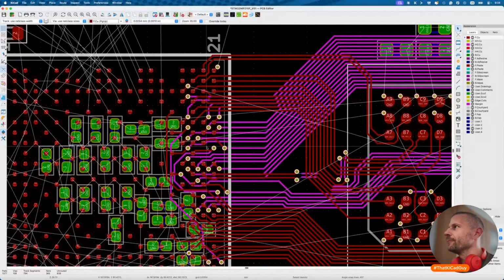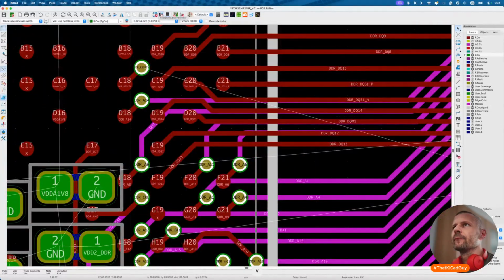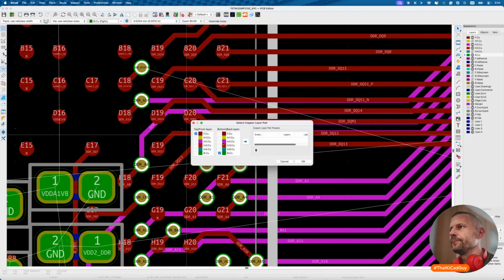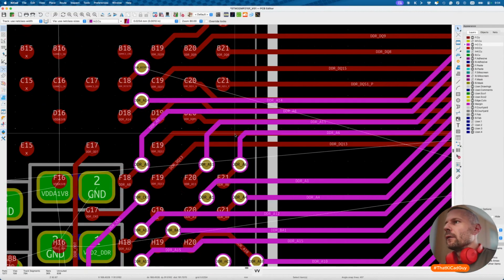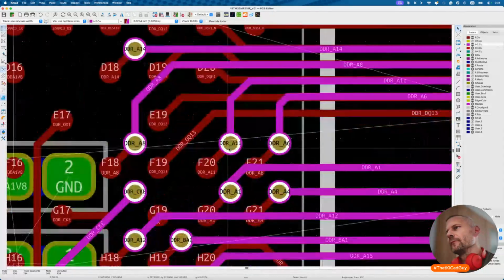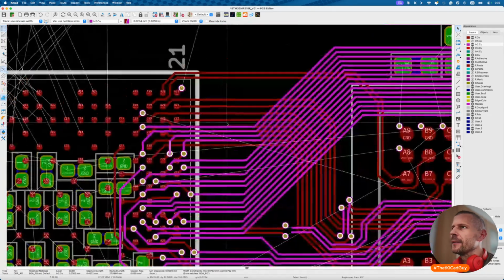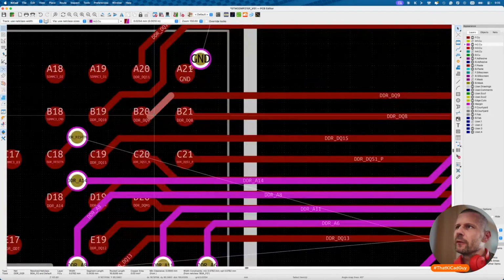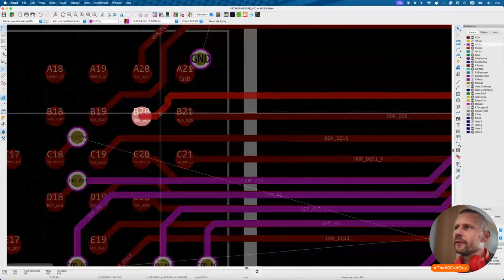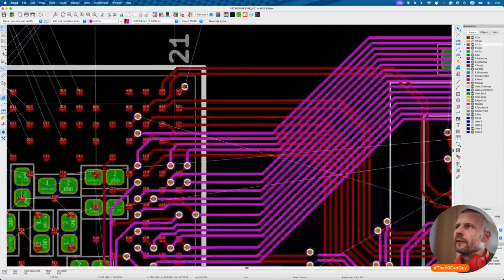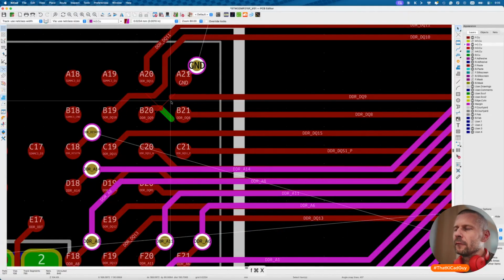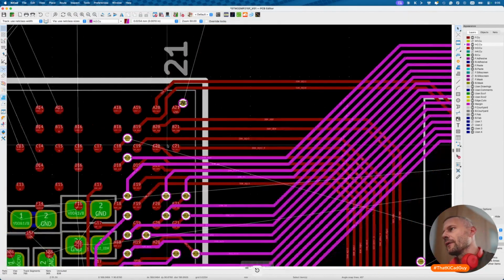It means what I found is that all the tracks, like this track, can be 0.0762, but this must be 0.09, not thinner. Here as well, which is very, very concerning.